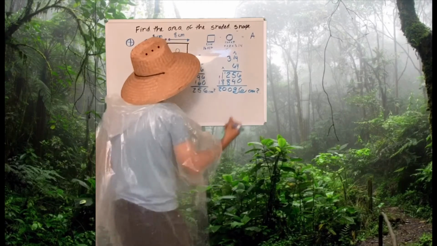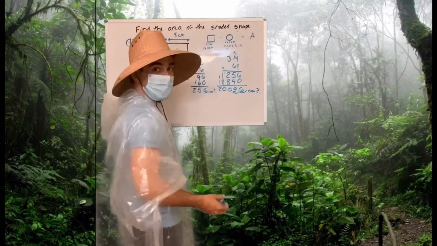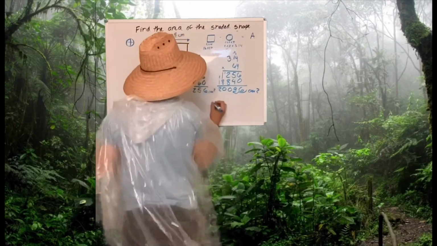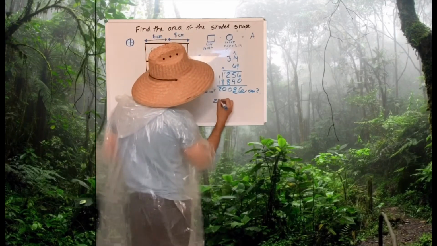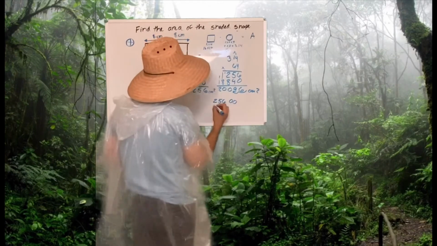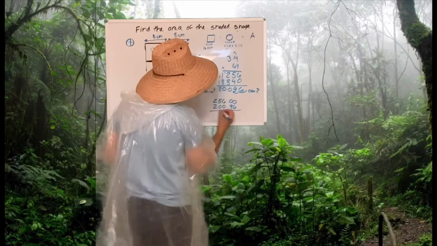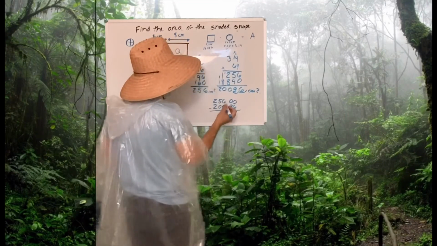Centimeters squared. So now all I have to do is the subtraction to find my shaded figure. So I'm going to do 256, and I'm going to turn it into a decimal by placing 2 zeros after, subtracted by 200.96 hundredths. Okay, so I'm going to have to borrow and regroup.